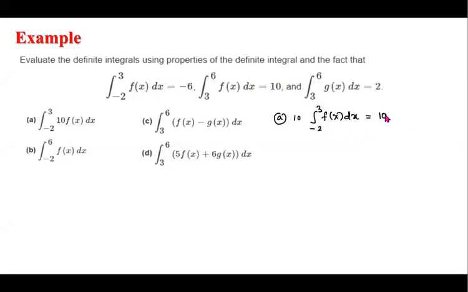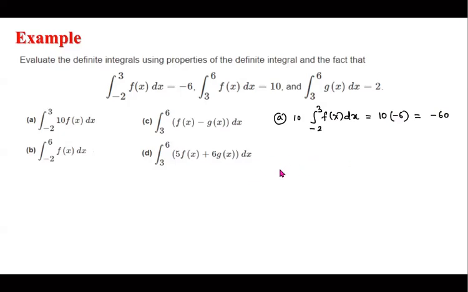So it becomes 10 times -6, which is equal to -60. So the value of the integral given in part A is -60. Okay, that is A.